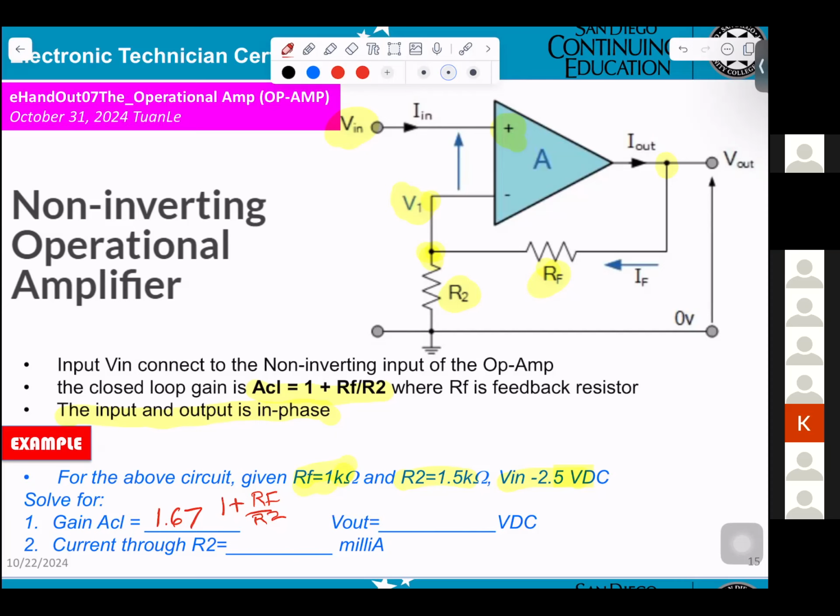So that's the gain times V in, and unless I hit the wrong button, I got minus 4.17.